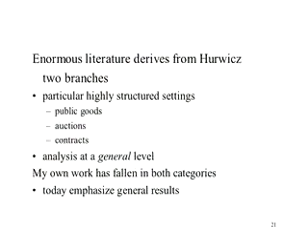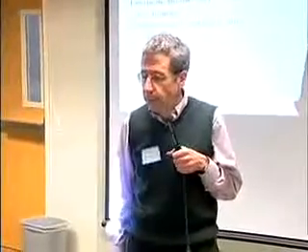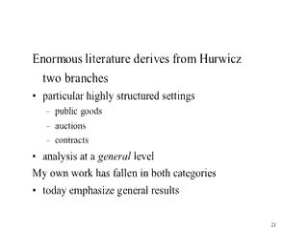There's work which takes place in very highly structured settings where we make lots of assumptions about preferences and lots of assumptions about technologies, and much of the work on public goods and auctions and contracts takes place in these settings where there are lots of assumptions. There's also been work done at a very general level, social choice, abstract level.